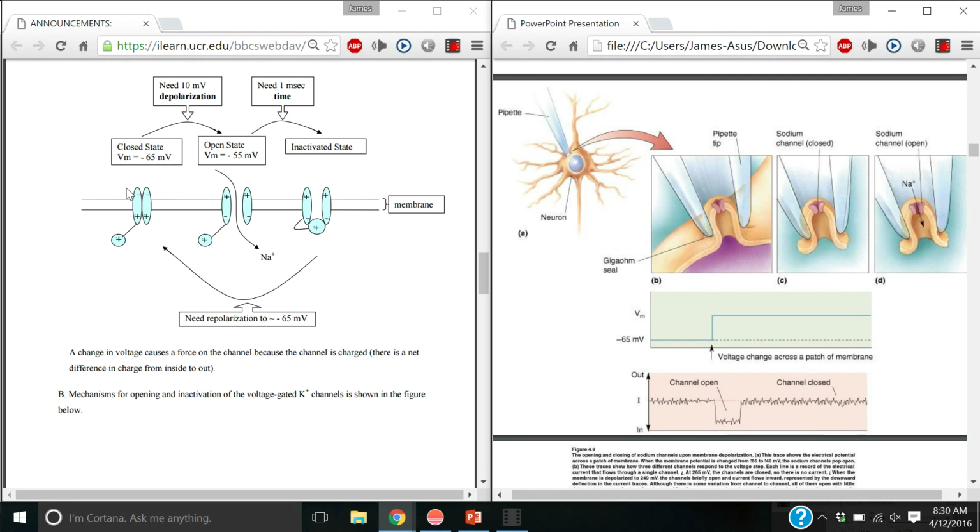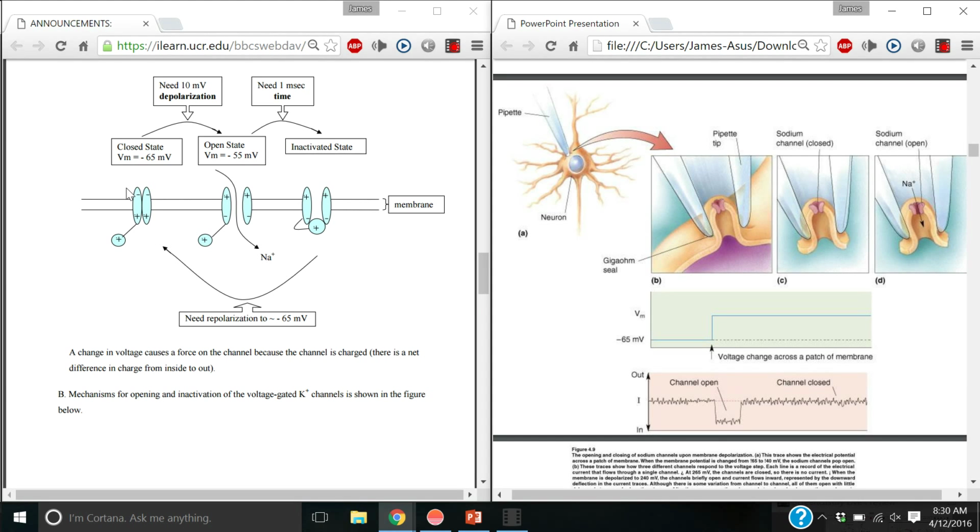Okay? And so this inactivated state will continue through the peak of the action potential, down through the falling phase, until the membrane potential at the end of the action potential, sorry, there's no diagram to show you, reaches minus 65 and below that level.